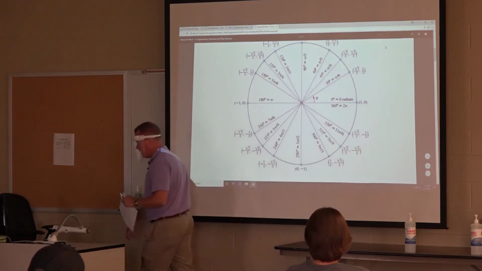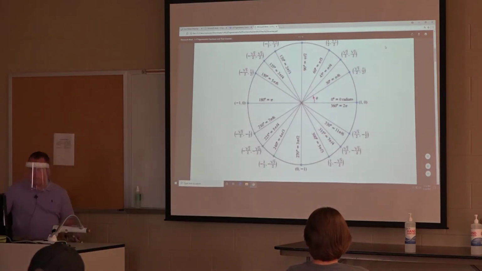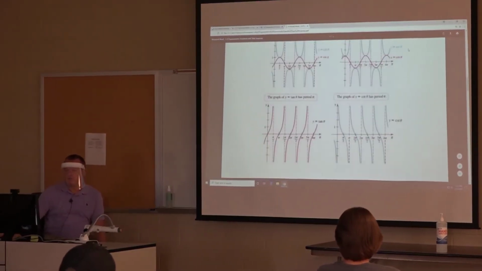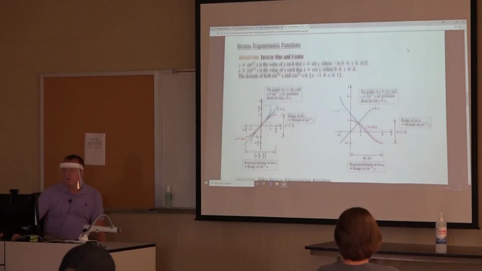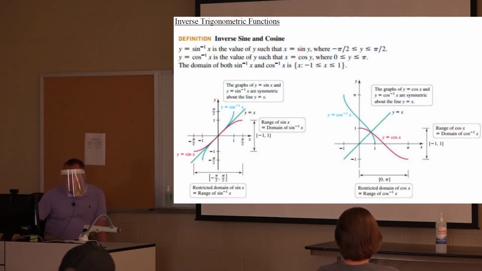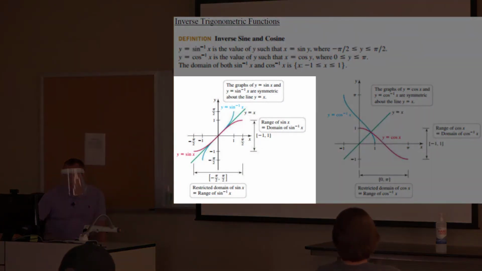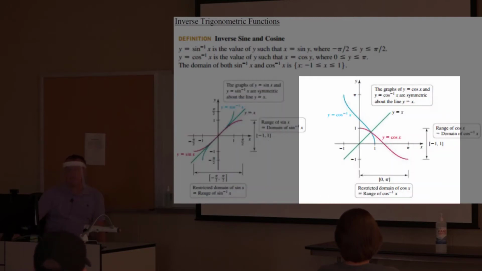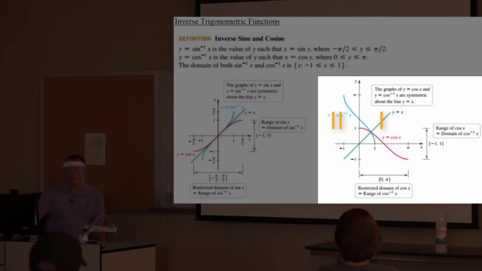Okay, so back to these inverse trig functions. Here is sine. I drew the red one there. This is what you get if you do the inverse sine. You don't have to memorize the graphs to these. But sine is negative pi over 2 to pi over 2. So inverse sine is defined in quadrants 1 and 4. Inverse cosine is defined in quadrants 1 and 2.